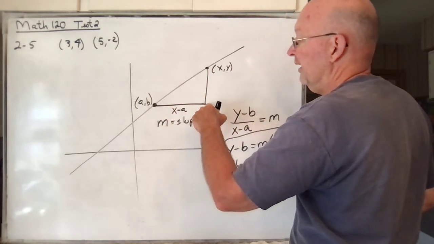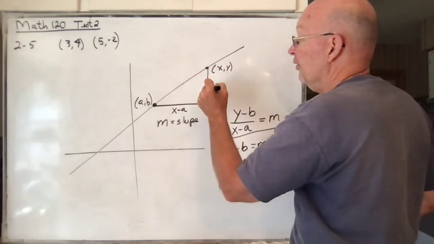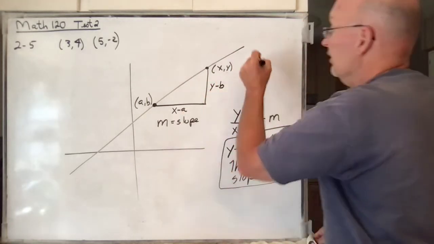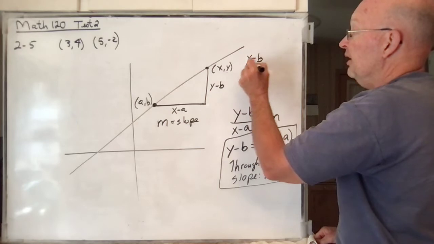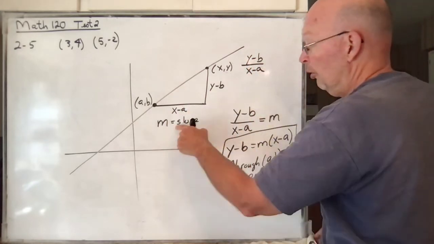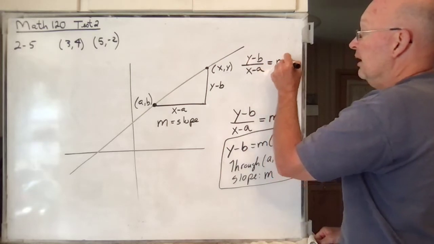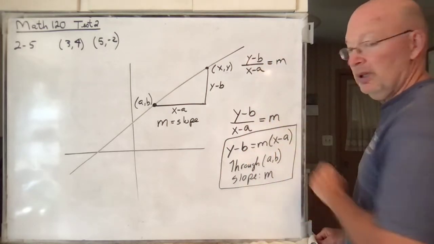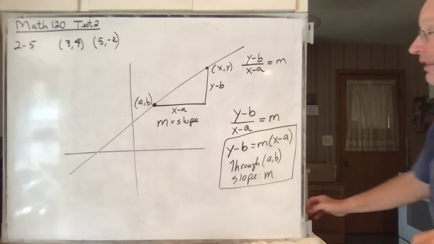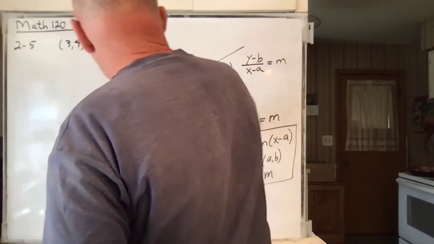This height is b, that height is y, so this is y minus b. So the slope is y minus b all over x minus a, which is equal to m. Then you just multiply it through and you get that. Okay, so that's the idea. That's all you need, and you've got everything you need for lines.